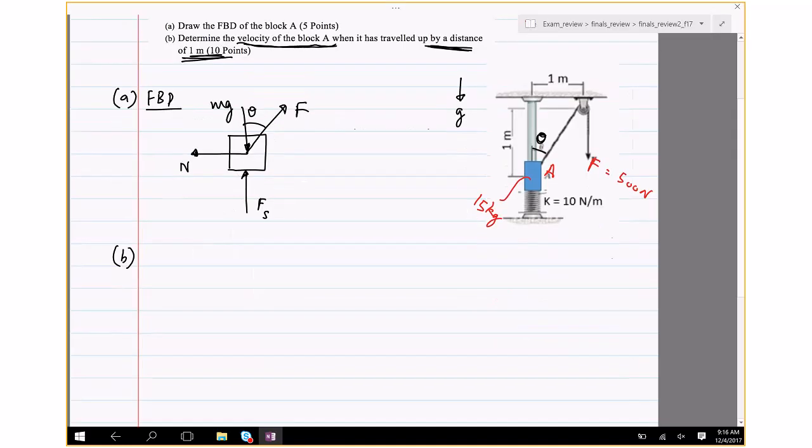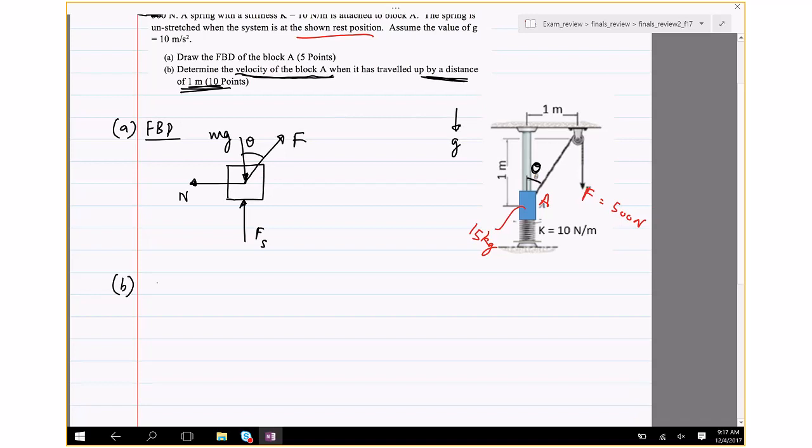So let's see what's asked. We're given that the velocity at position 1 is 0. Let's measure distance this way. Y is 0. We want to find the velocity at position 2, when the distance covered by the block is 1 meter.